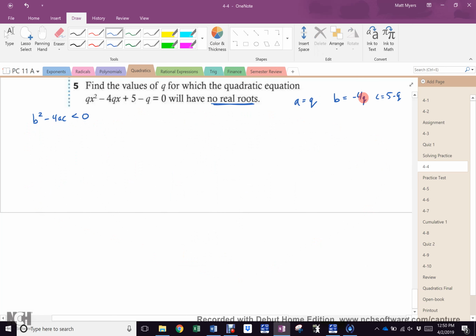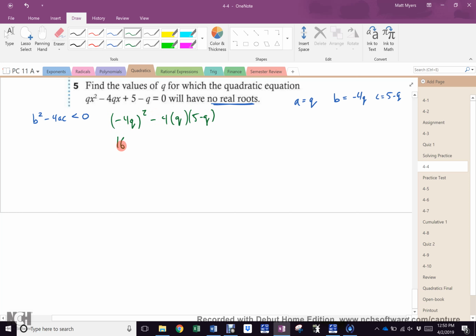Okay, so there's our a, b, c, there's our discriminant. If it has no real roots, of course, our discriminant must be less than 0. So we are going to work with that. b squared is negative 4q squared minus 4 times q times 5 minus q.